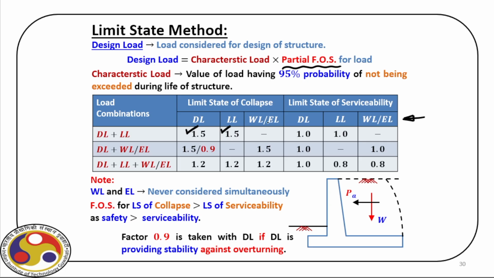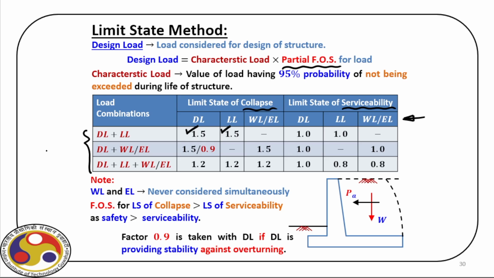Now with the help of these loads, for both collapse and serviceability, we make different combinations. The reason is, the structure may fail due to different combinations of load, and sometimes different loads do not work together.